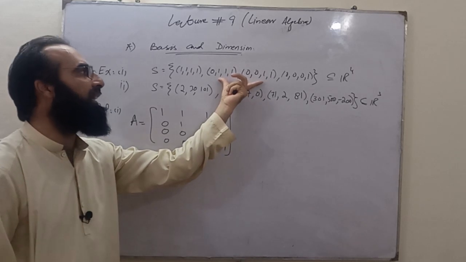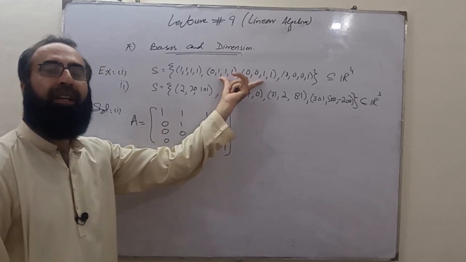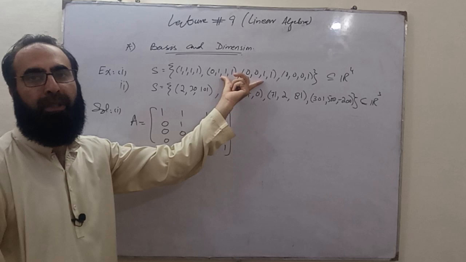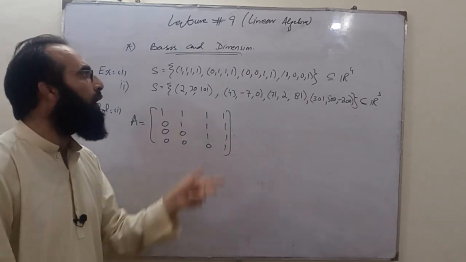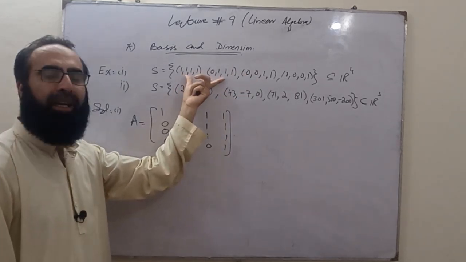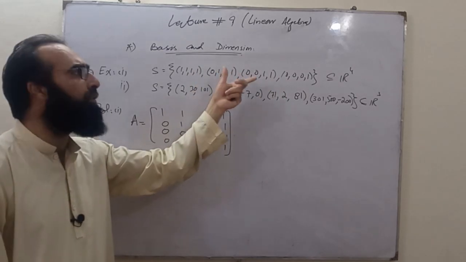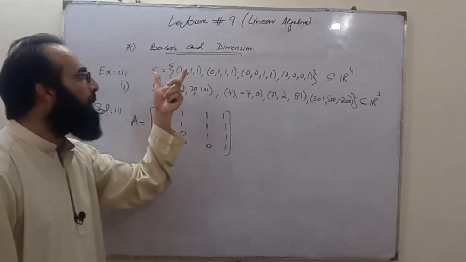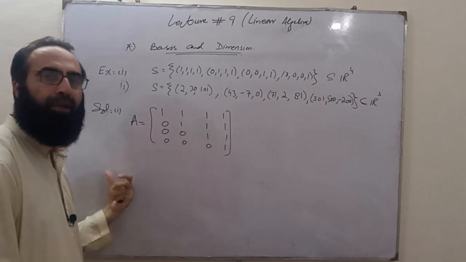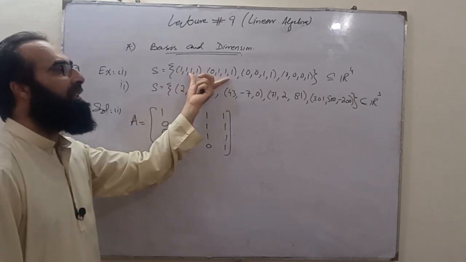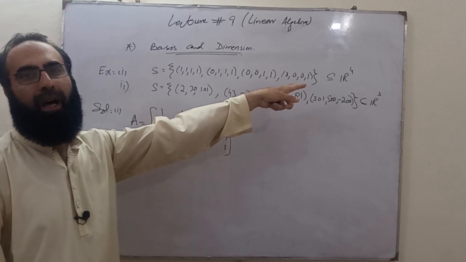Since this collection S consists of 4 vectors and all these vectors are linearly independent, there is no need to check whether this collection is a spanning set for R4 or not. By using the previous theorem, this collection is a basis for R4.